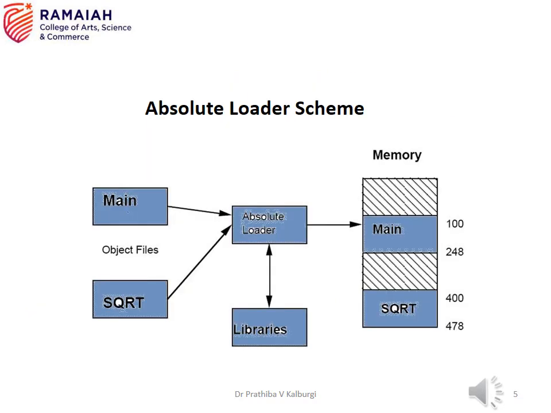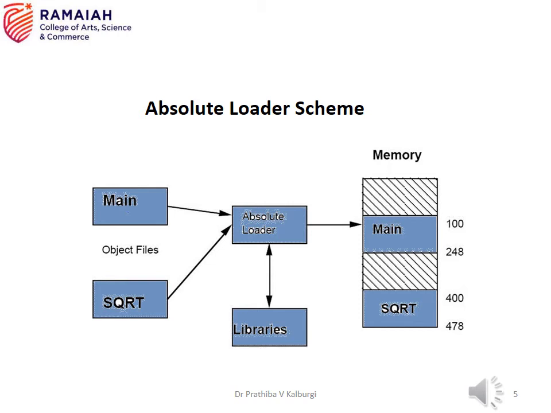As you see in the diagram, we have two programs. One is called the main, the other one is a square root subroutine program, and these are fed to the absolute loader. The absolute loader places them in memory, the main program as well as the square root.